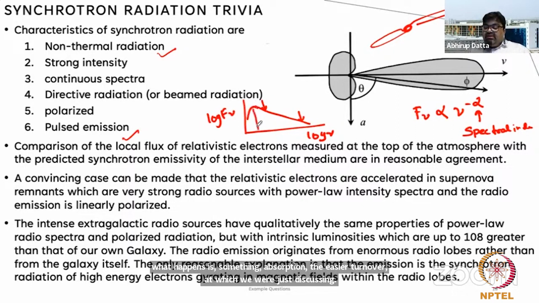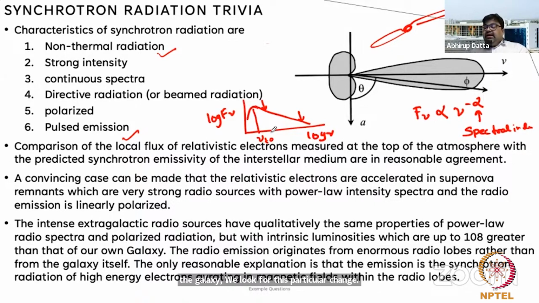The frequency where it actually turns over is called the turnover frequency. We have various other reasons for that. However, for a simple observation of any radio galaxy, we look for this particular trait.